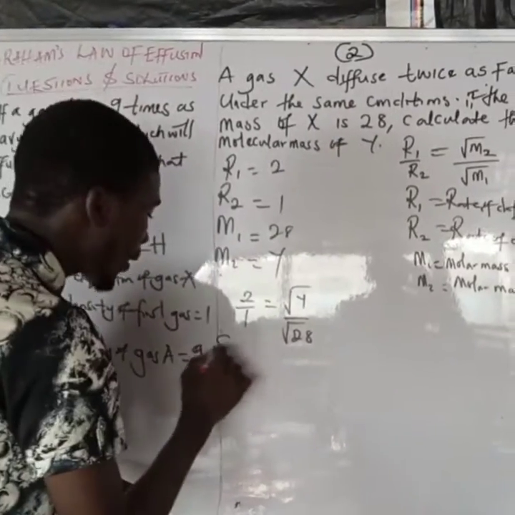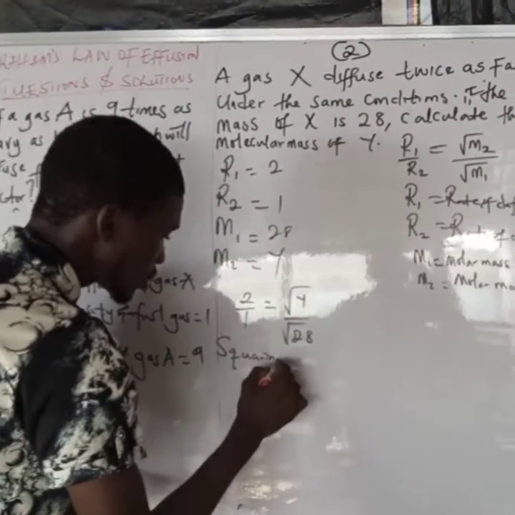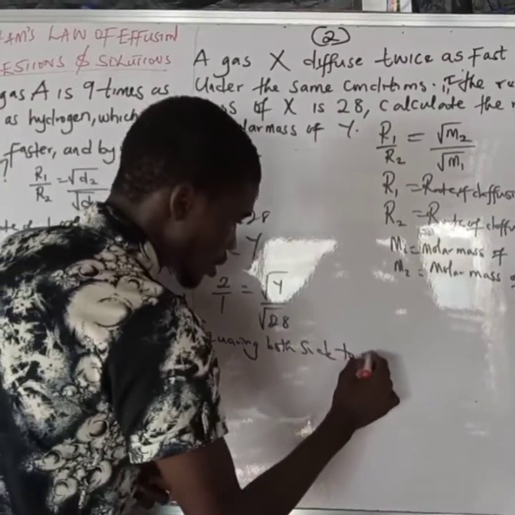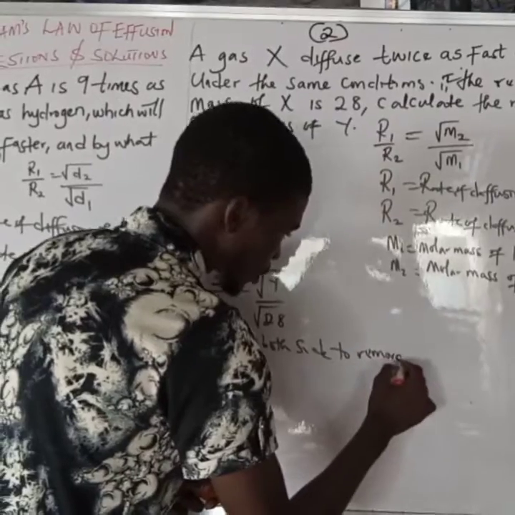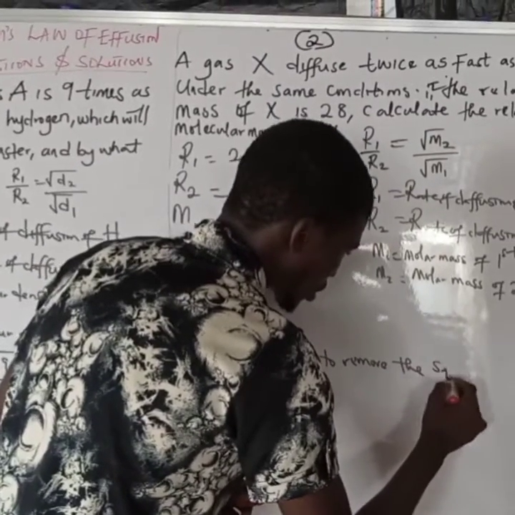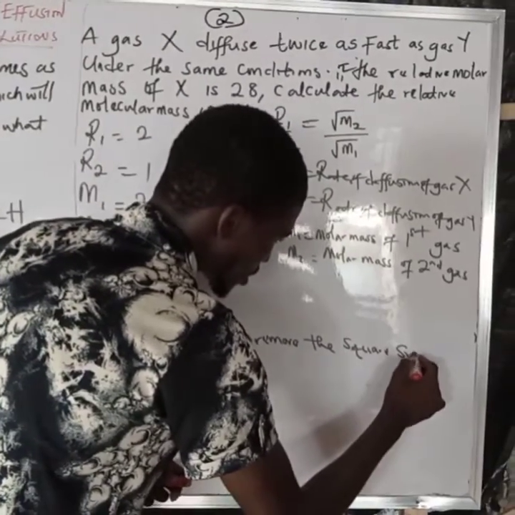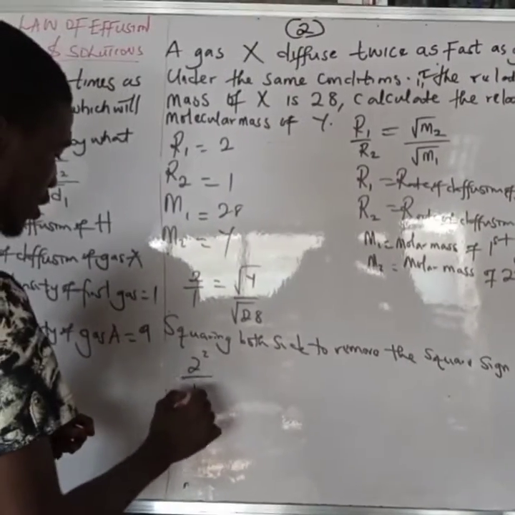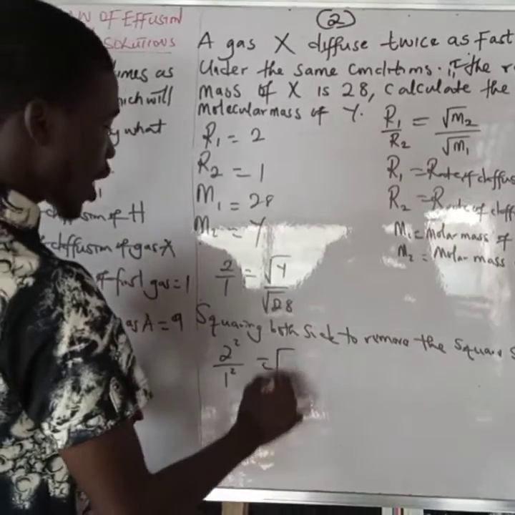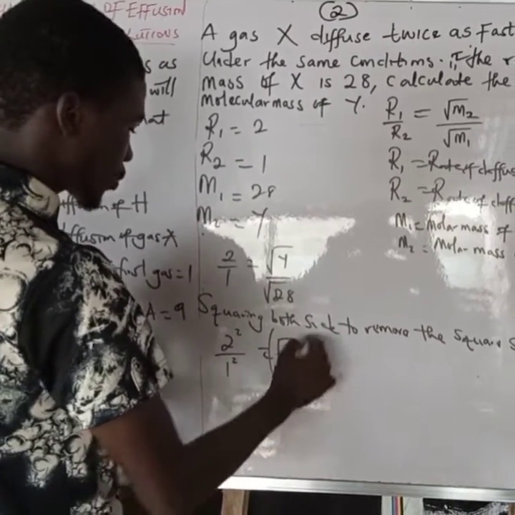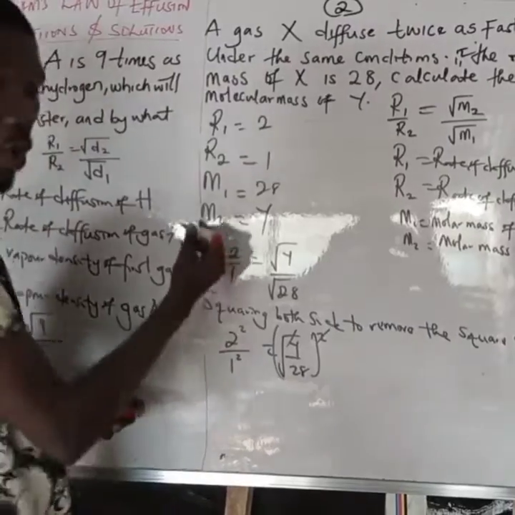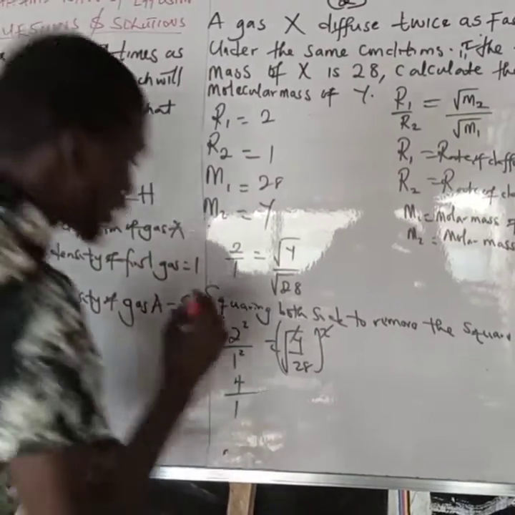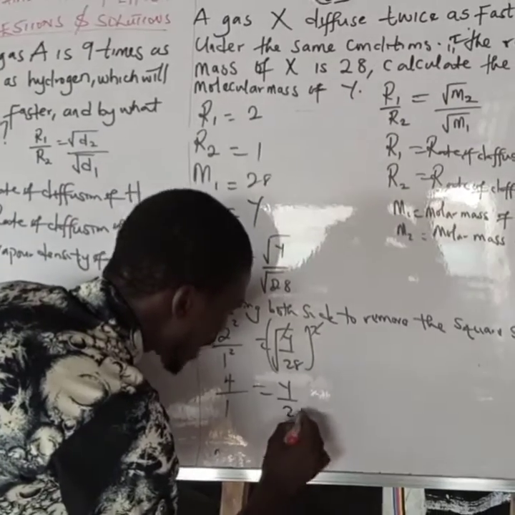So the next thing is squaring both sides to remove the square root sign. With that, we eliminate the square roots. What is the square of 2? 4 over 1 is equal to Y over 28.